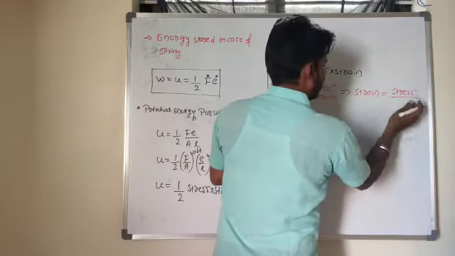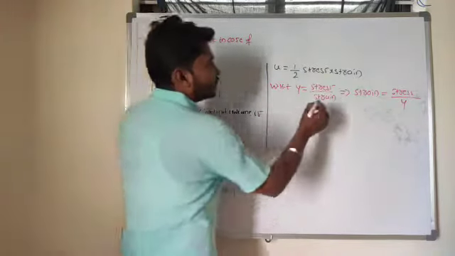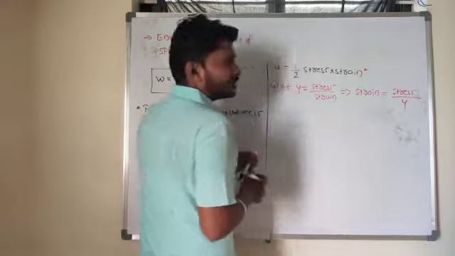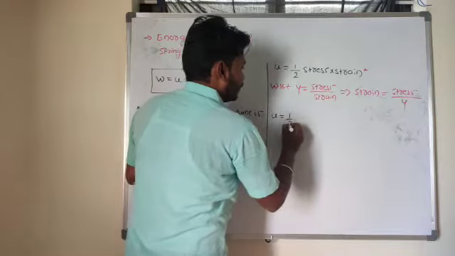So let me take strain is equal to stress divided by Young's modulus. Wherever strain is there, I take stress divided by Young's modulus. Then what will this equation be?